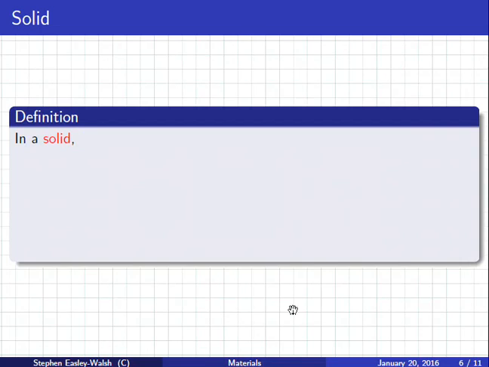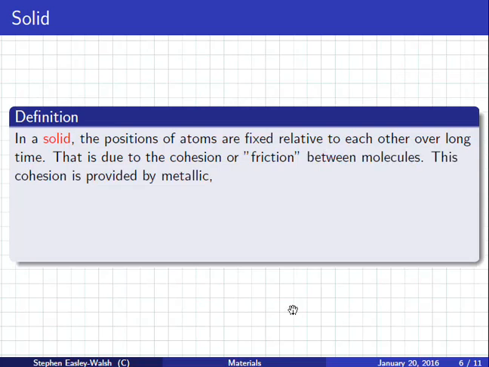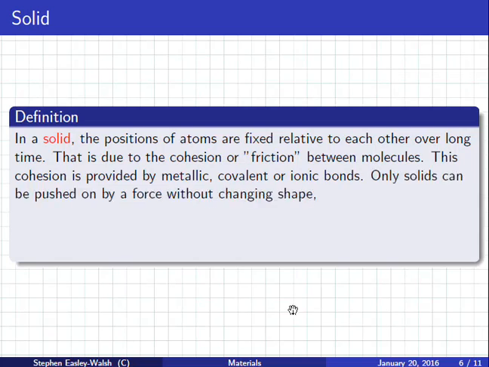Does anyone know what that's called? Solid, straight to gas, skipping liquid. Sublimation. Good job. And then the reverse, there's another one, deposition, when it goes the reverse, I think. Anyways, the vocabulary here is important.